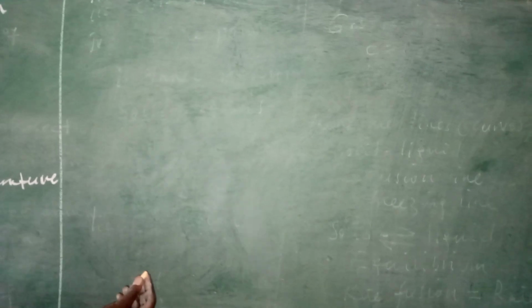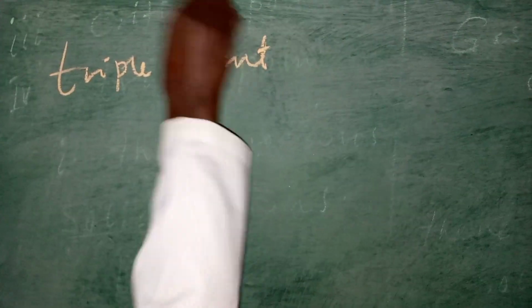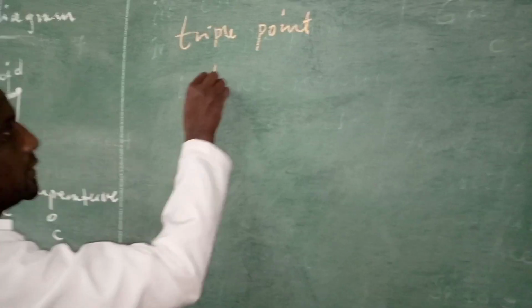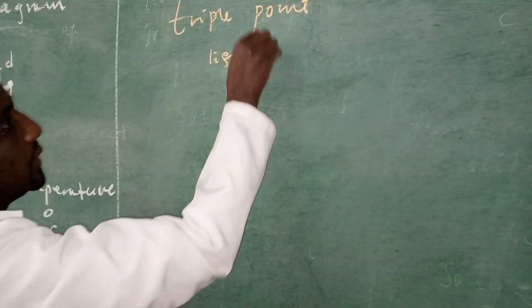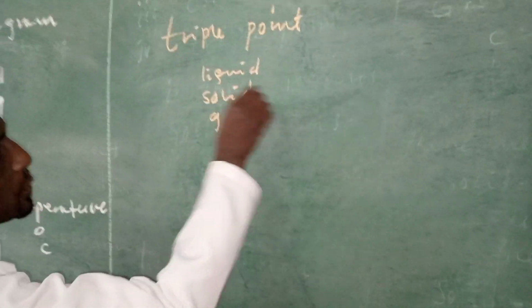The next feature of the phase diagram is the triple point. Here, in this case, a substance exists in three forms. We have liquid, solid, and gas forms of a substance coexisting.